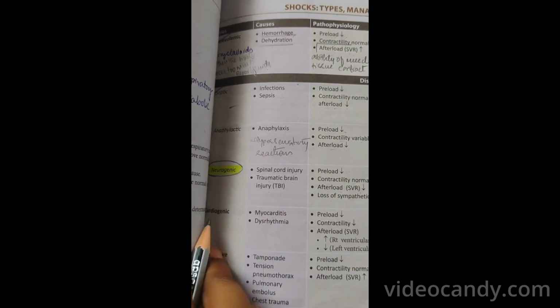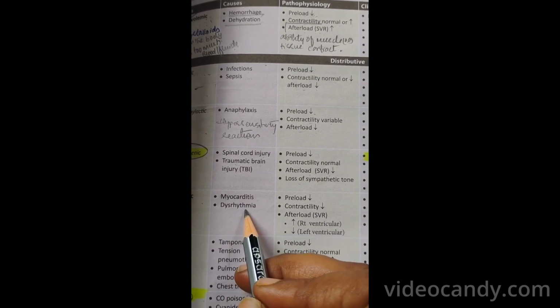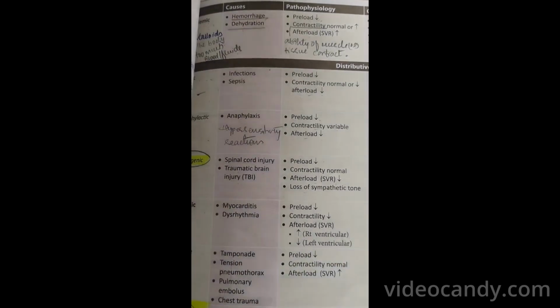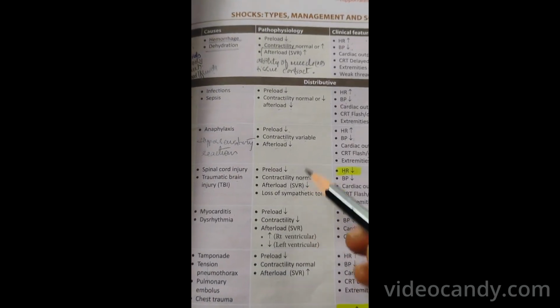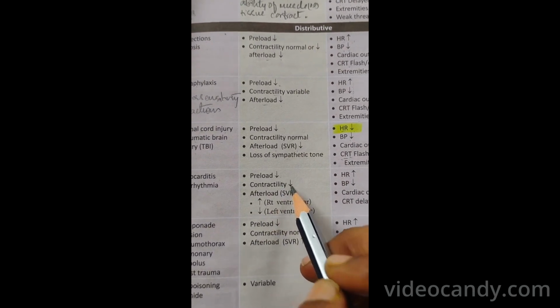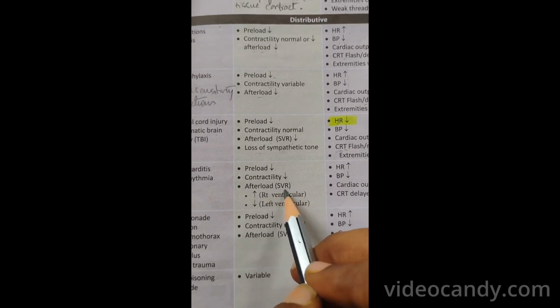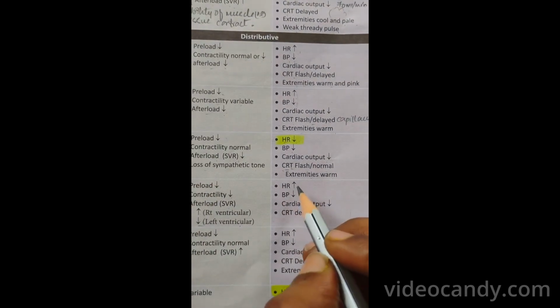The next shock is cardiogenic shock. The cause of cardiogenic shock is myocarditis or dysrhythmia. The pathophysiology: preload decreases, contractility decreases, afterload increases in the right ventricle and decreases in the left ventricle.